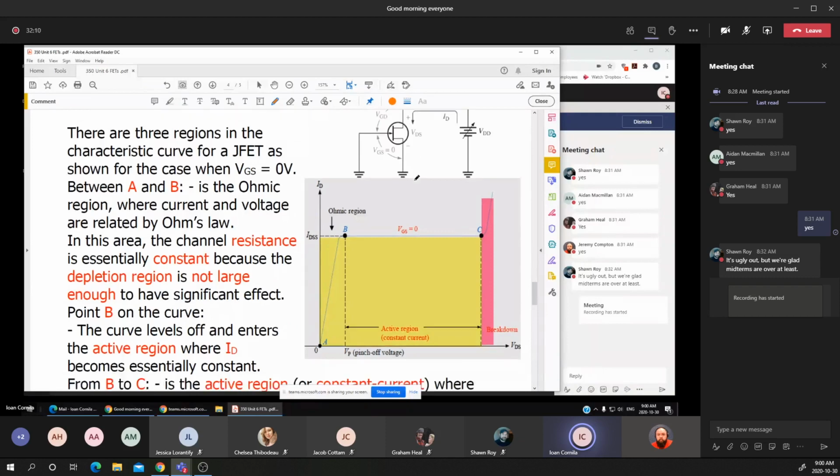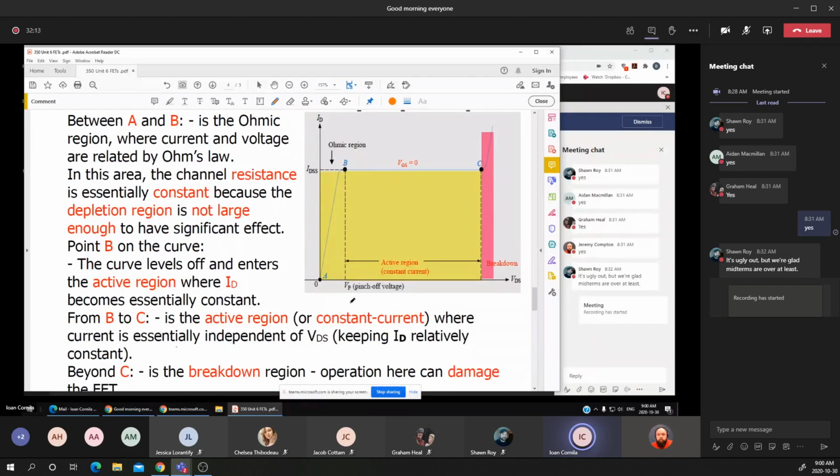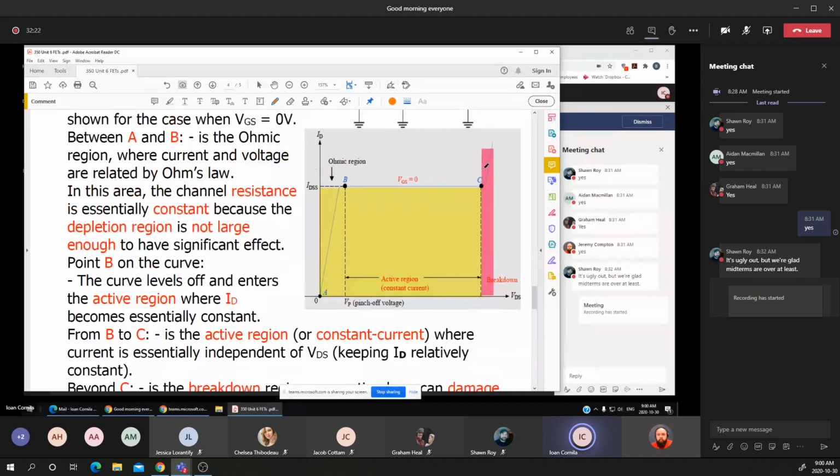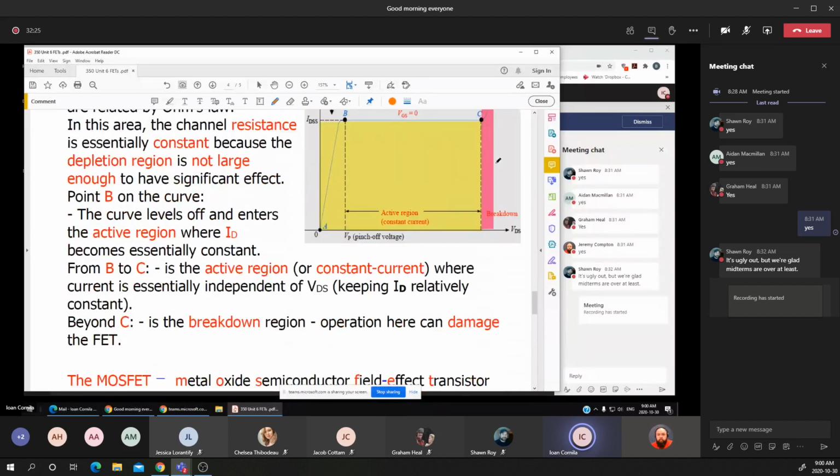Now, at a certain point, which is called the VP, the pinch off voltage, we have a constant current as the voltage is increased above this value. Usually this pinch off voltage is given by the manufacturer in the data sheet of the FET, and it is the minimum voltage that can be applied to an FET to maintain a constant current.